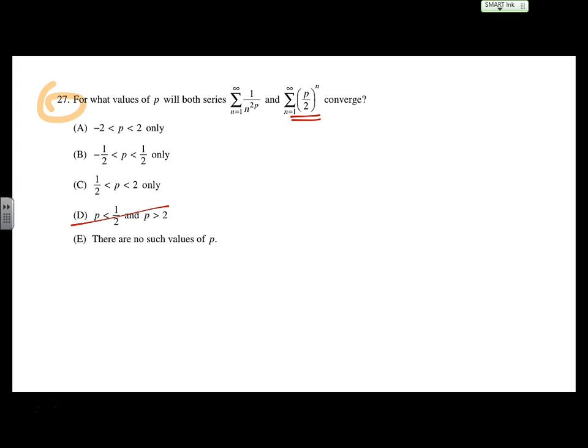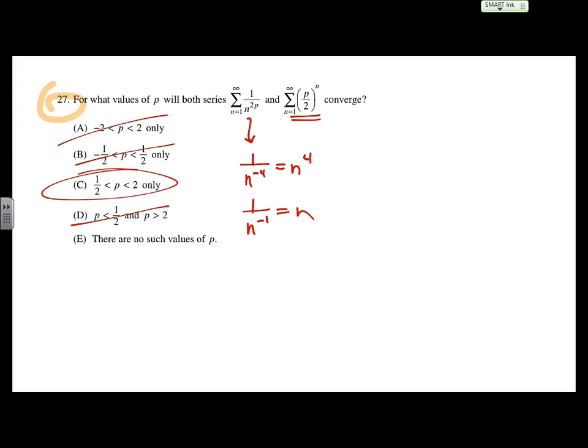We know it can't be -2 because that would be a negative on the bottom, which would make it a top, so that's a 4p. You know what I mean? And it can't be -1/2 because then it would be greater. Yeah, because if you think about your p series, it couldn't be 0, and remember n to the -4 is n to the 4. Yeah, that'll diverge. And -1/2 would be n, and that's not good.